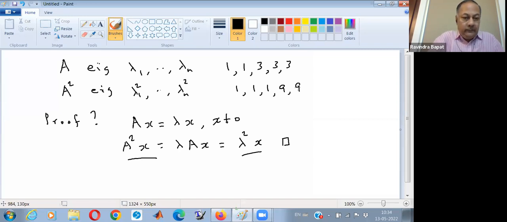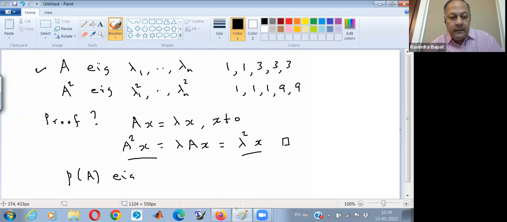And this is not told to the students at all. The fact is that the proof is not very easy here. If you want to prove it completely, there is another fact that if A has eigenvalues lambda 1 up to lambda n, then any polynomial in A, P(A), has eigenvalues P(lambda 1) up to P(lambda n).